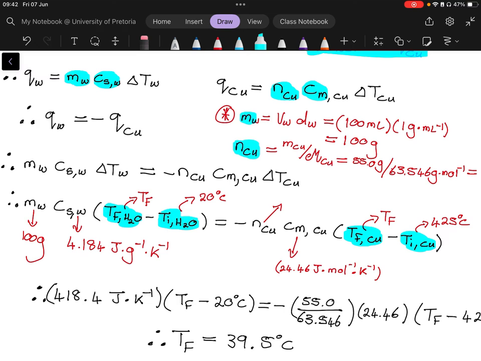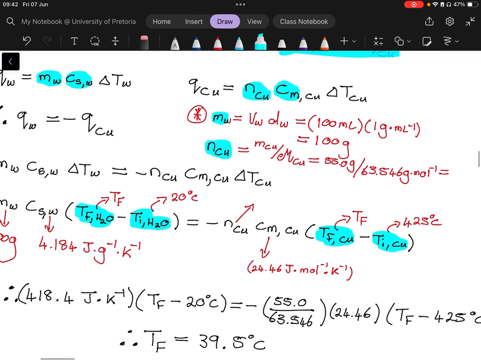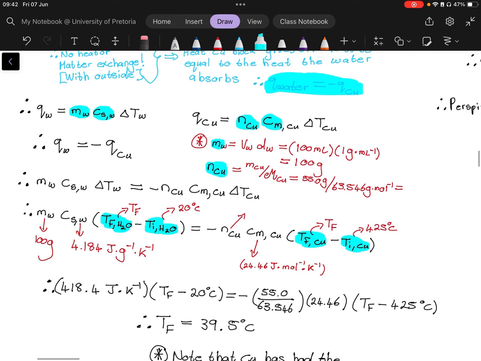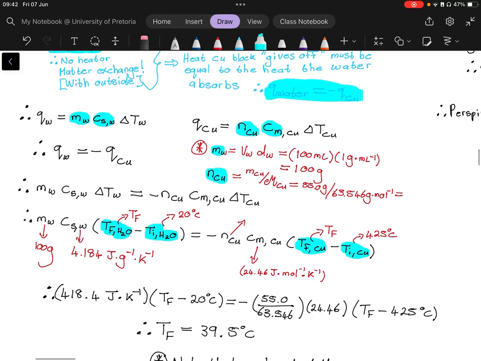So we can just call that TF. So we get to this expression that I have here at the bottom, which allows us to solve for TF, and that gives 39.5 degrees Celsius. The water's temperature only goes from 20 to 39.5 degrees Celsius, but the copper's goes all the way from 425 degrees Celsius to 39.5 degrees Celsius.